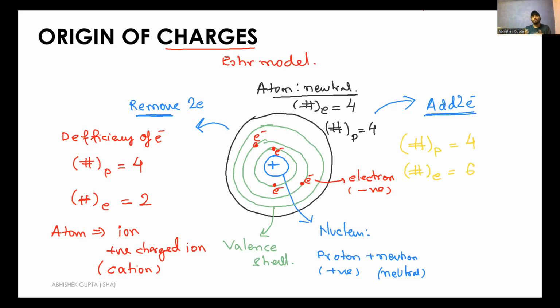That means we have an excess of electrons, so the negative charge will dominate, because electrons are negatively charged. Then we say this atom has become an ion. What kind of ion? A negatively charged ion, and this negatively charged ion is given a name called anion.